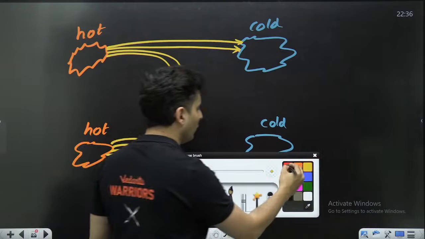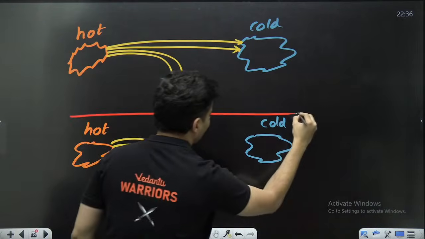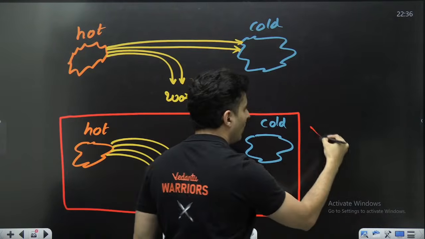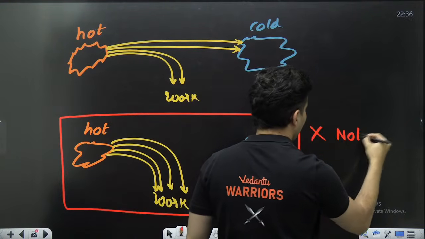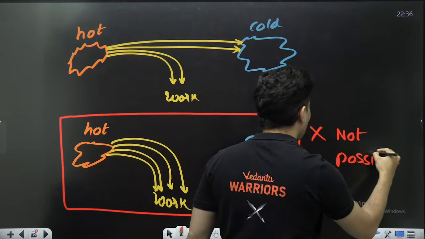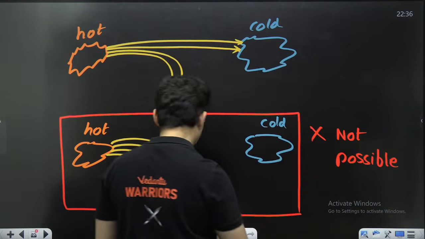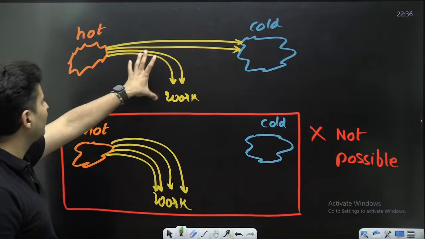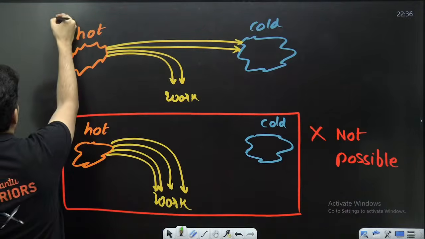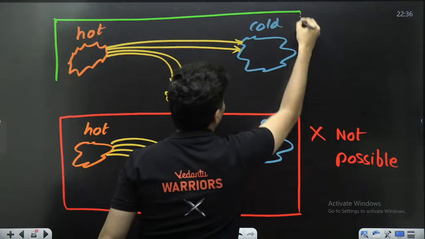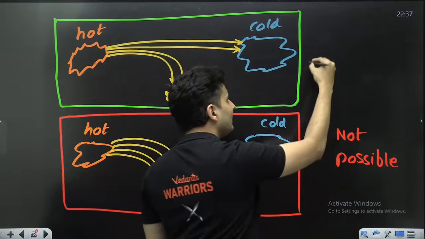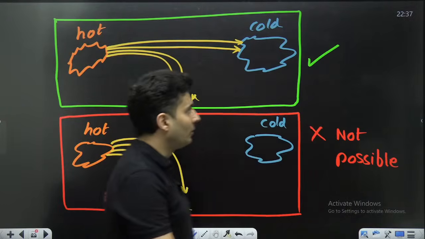The answer is no. This is not possible. Not possible ever. No matter how hard you try, you will end up taking only a part of the heat as work. Some amount of heat will be lost to the cold surrounding or to the cold body. This is always going to happen.